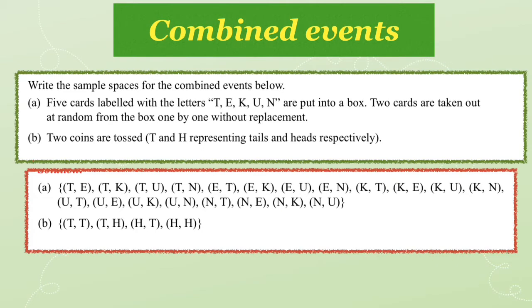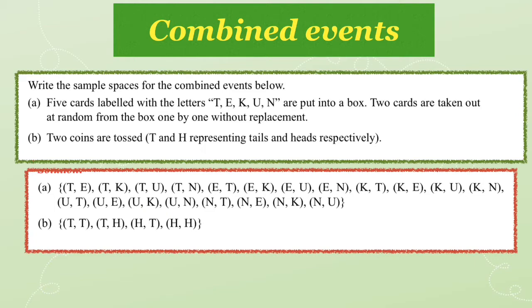Okay, let's have a look at the answer. For A, the total number of sample space is 20 because the first event has 5 outcomes and, followed by without replacement, the second event will have 4 outcomes. So the total number of sample space will be 5 times 4, multiplication rule, which is 20.